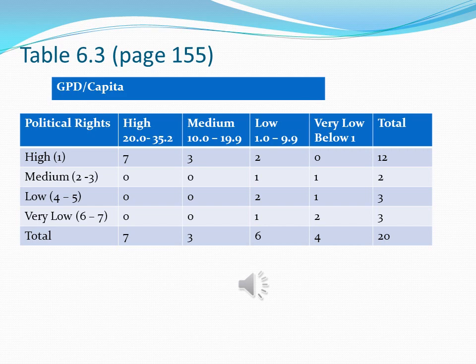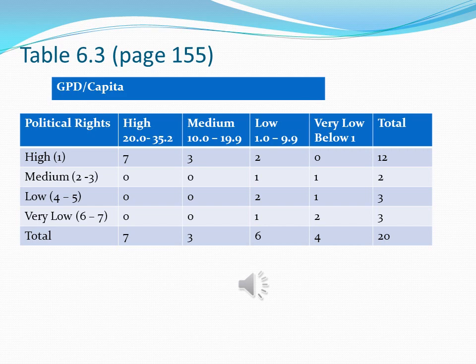And now looking at the very bottom row where it says total, notice the column political rights, there's high, medium, low, very low, and then the total row. What this total row is doing is adding all the numbers in that particular column. So for the high column, it's 7, working top to bottom, 7 plus 0 plus 0 plus 0 equals 7.